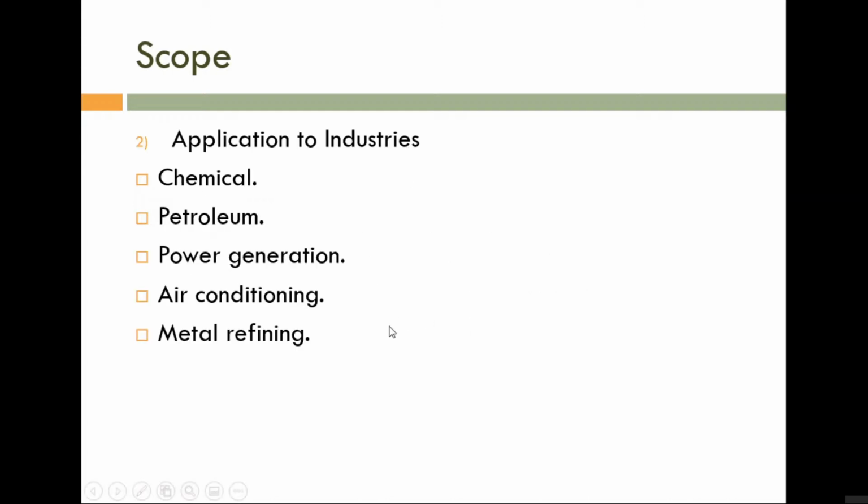Then the second one, the application. We have different types of industry, like chemical reactor, petroleum industry, power generation industry, clean room control, metal refining. Whatever the industry, the instruments used are the same.